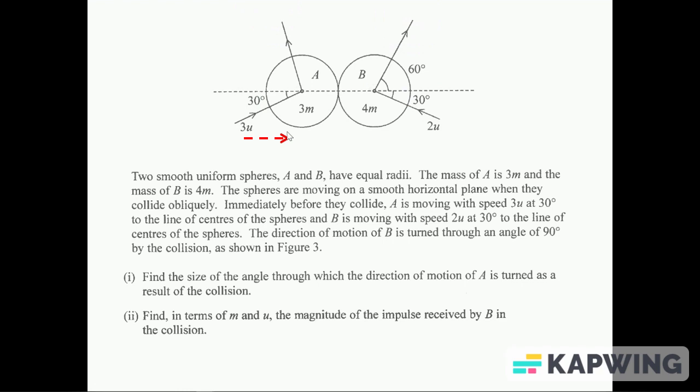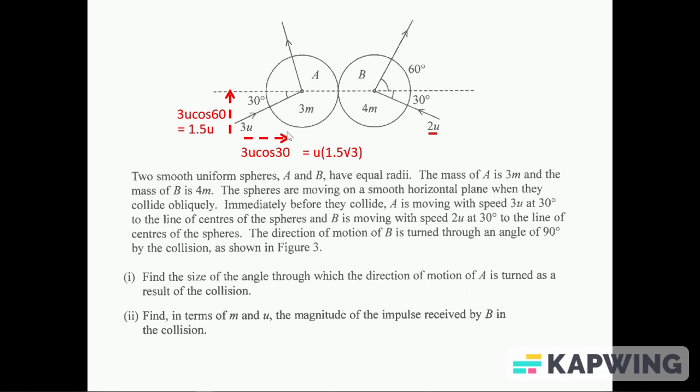Now, remember, I can split the velocities of A and B into 2 components: parallel to the line of centres, and perpendicular. The one that's parallel, I've got to multiply by cos 30 because that's the angle I've got to turn it through. I could write that as u times 1.5 root 3, but I'm not really keen on that, to be honest. The one that's perpendicular to the line of centres, I've got to turn through an angle of 60 degrees. So it's 3u cos 60 or 1.5u, which I don't mind.